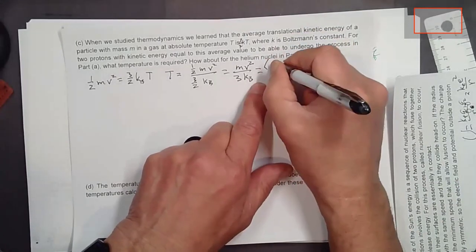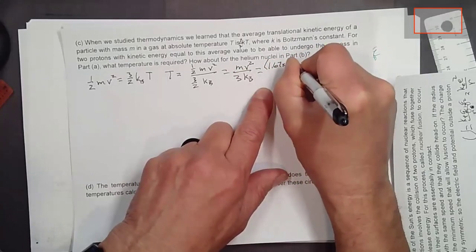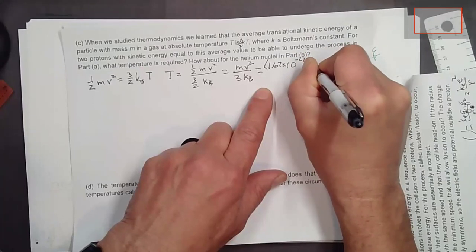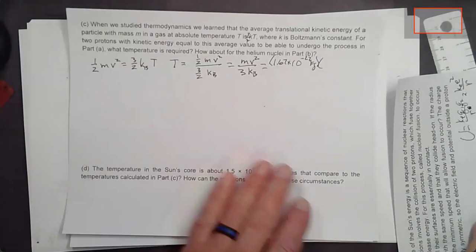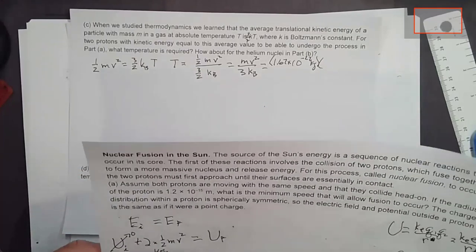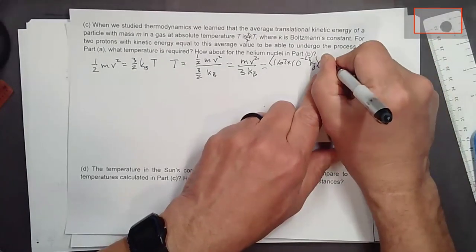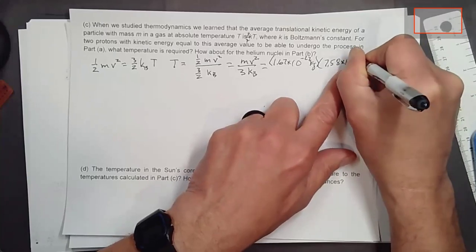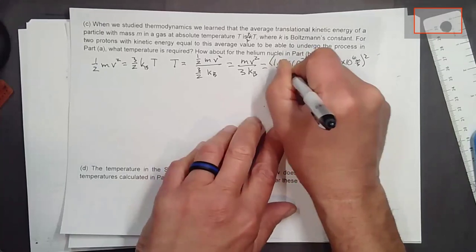So let's do this for the protons. That's 1.67 times 10 to the minus 27th kilograms times that speed we figured out for the protons, 7.58 times 10 to the 6th meters per second, and that has to be squared.